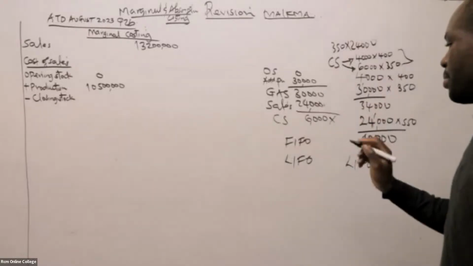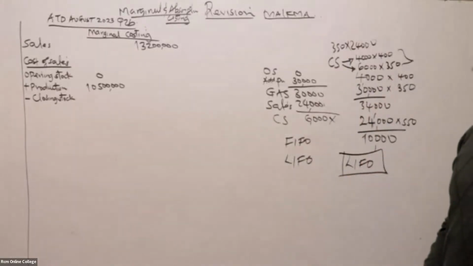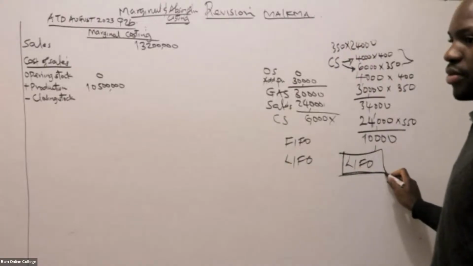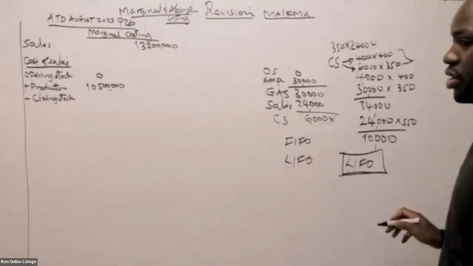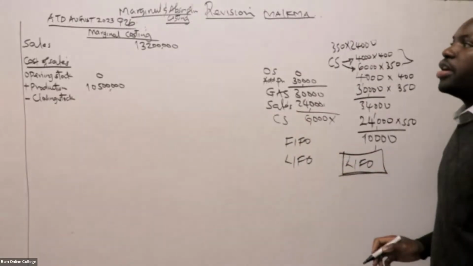That is, if the company was using what we call LIFO. Whoever is setting the management accounting papers has not decided to subject you to this. So what are they doing?